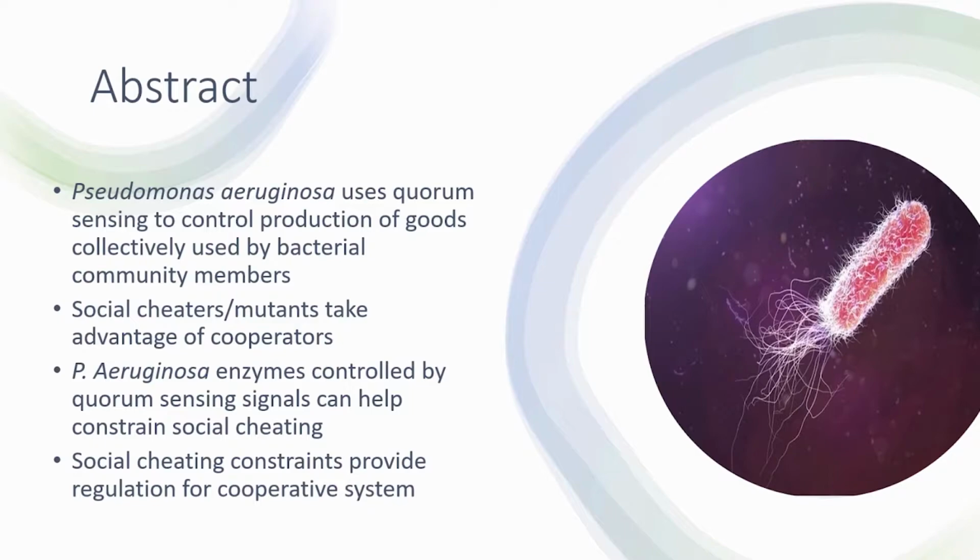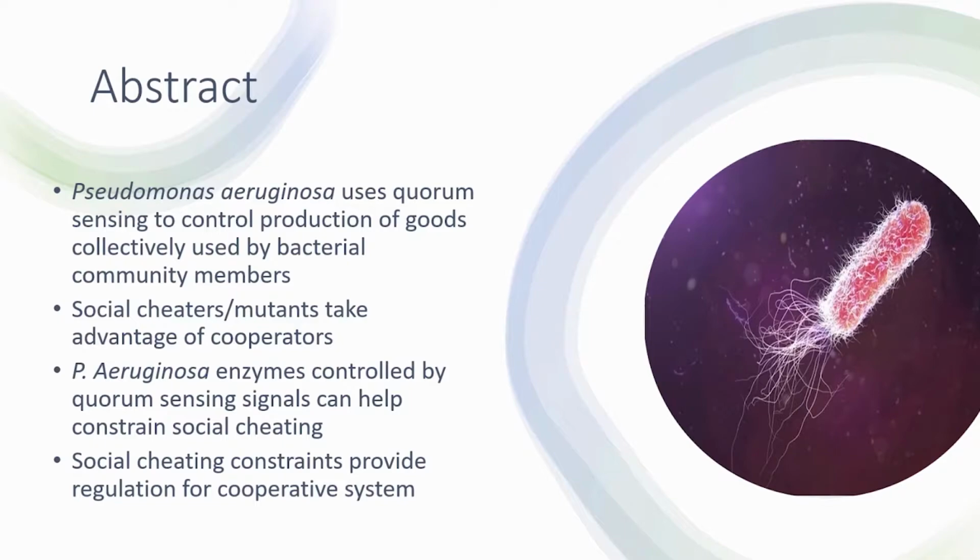They use them as well, but they also put back into the community. Social cheaters don't produce any of those enzymes or proteins that can be shared by all the bacteria. They only take up, and are therefore sort of cheating socially. They're referred to as mutants in the paper because they're technically mutated not to produce certain enzymes and proteins.